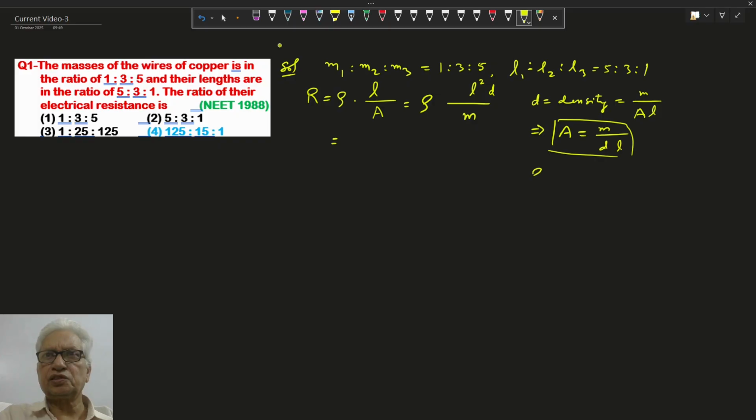Now rho and D are constant because it is the same wire. The resistivity and density are the same. In that case, R is directly proportional to L squared.